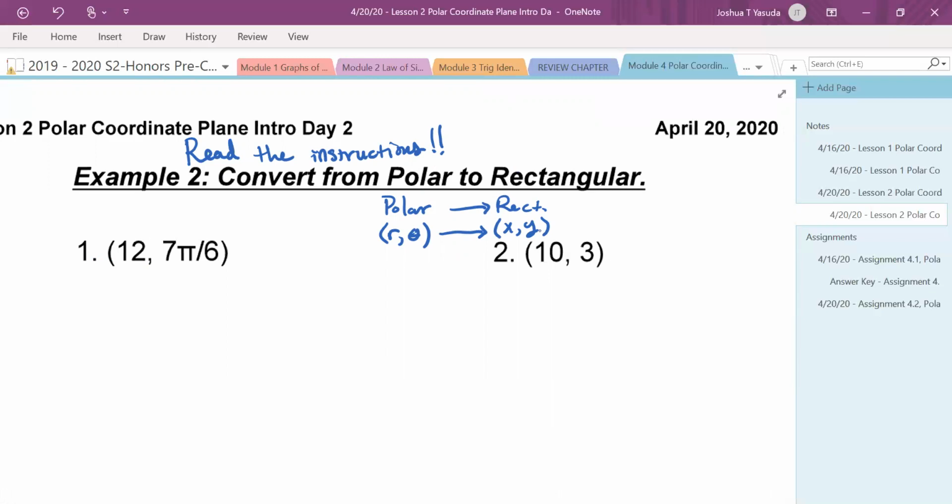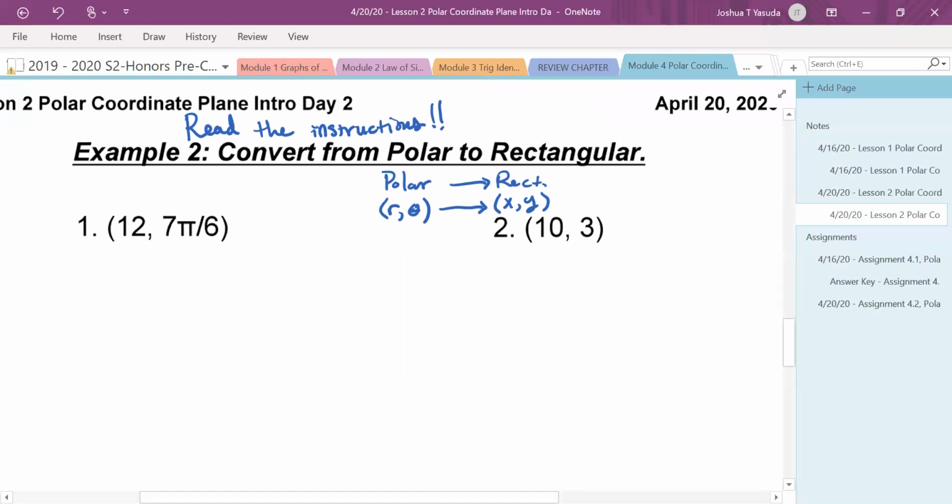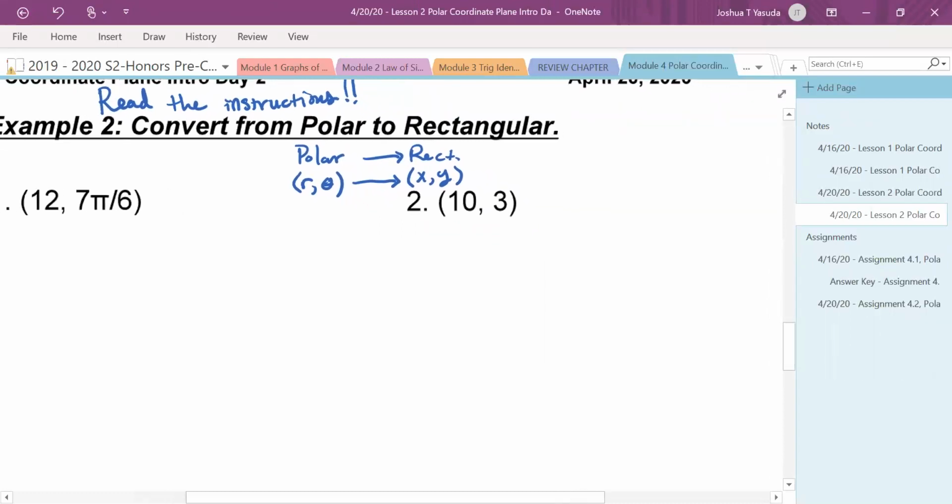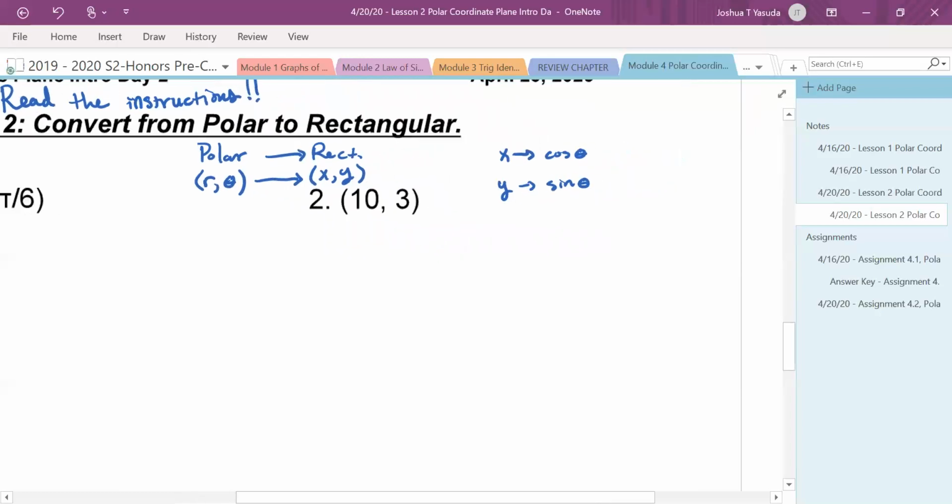There's a way that we go about it. From how radii and angles have been connected to x and y throughout your trig life, we've always said that x is related to cosine of theta and y in the unit circle is related to sine of theta. But we won't necessarily be dealing with a unit circle.